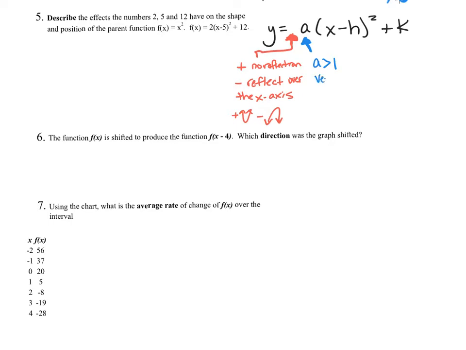And if a is between 0 and 1, usually a fraction, then that's going to be our vertical compression.